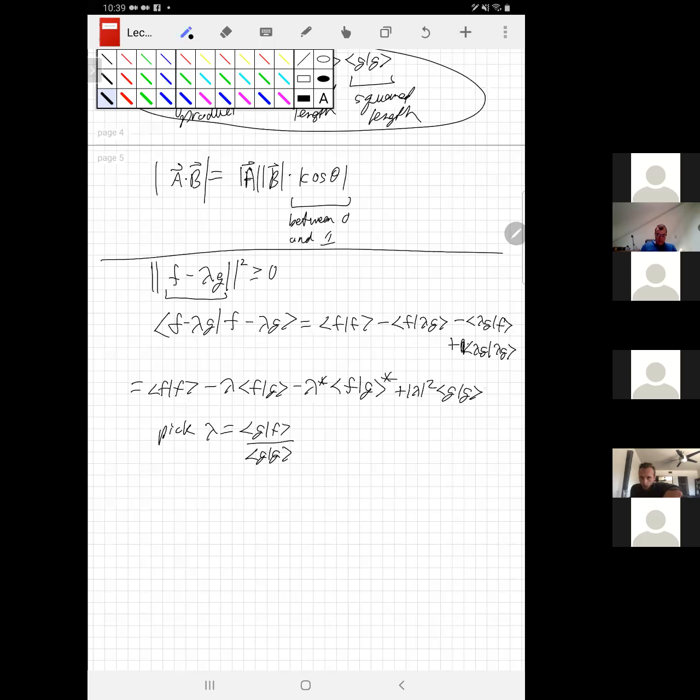By the way, all of this is greater than or equal to 0. So now we've got the inner product of f with itself minus the inner product of g with f, inner product of f with g, over the inner product of g with itself.